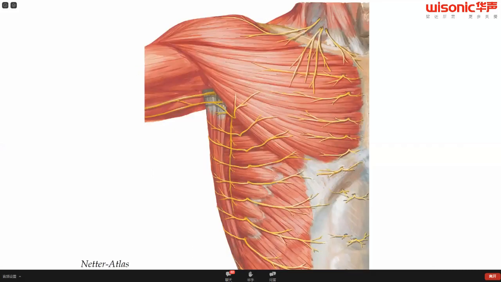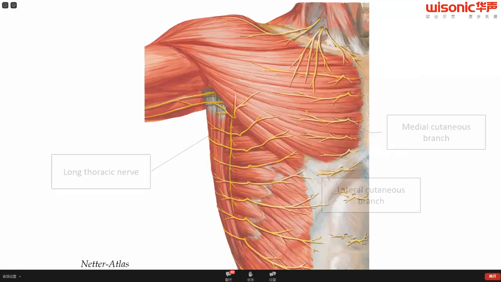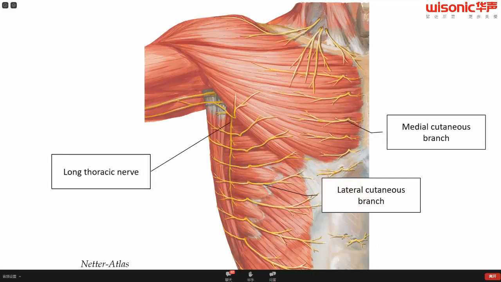This shows you what is important to know from the anatomical side when you do a PEC block. You can see here the PEC major muscle, PEC minor muscle, the serratus anterior muscle, and you can see the long thoracic nerve and the lateral cutaneous branches and the medial cutaneous branches of the spinal nerves.